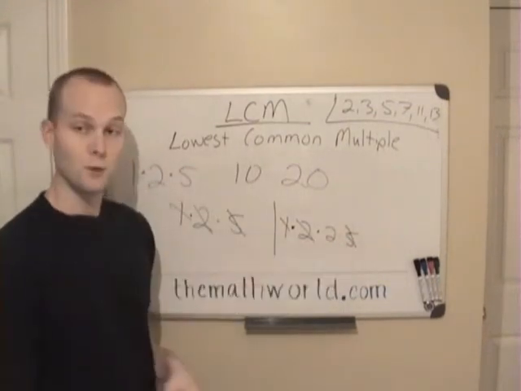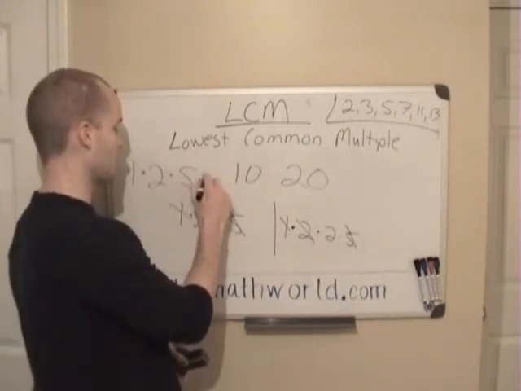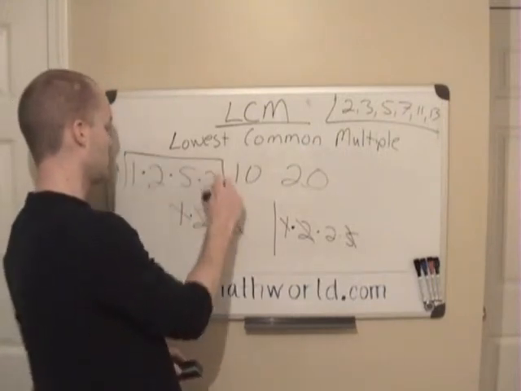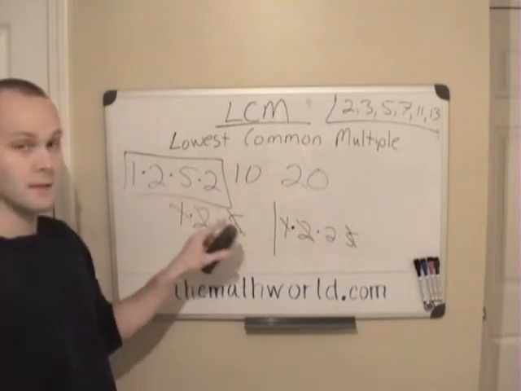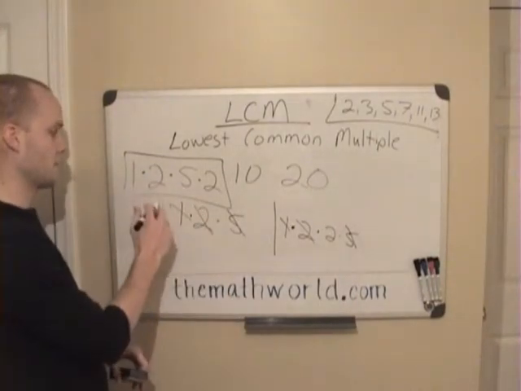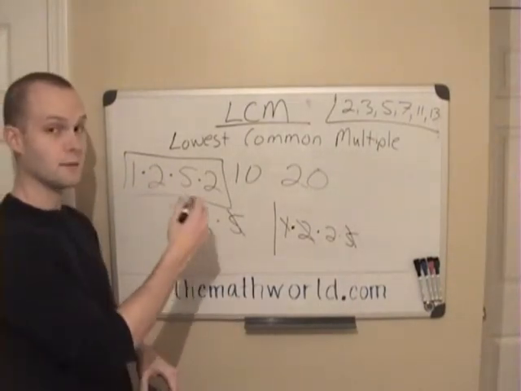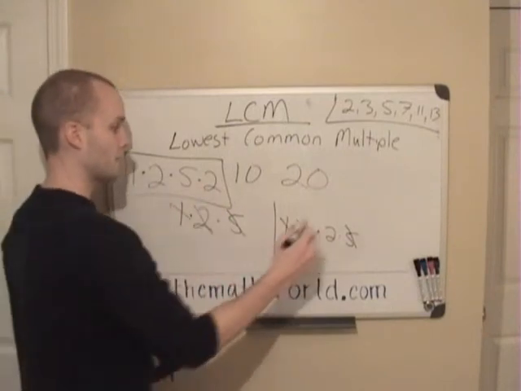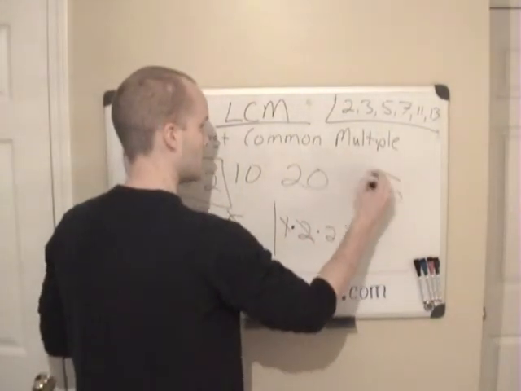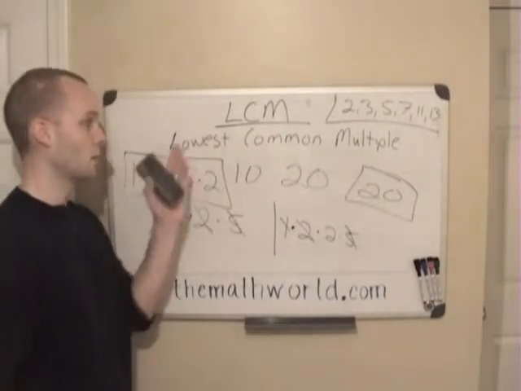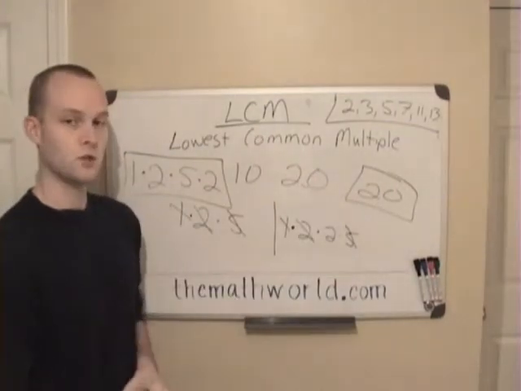And then we still have a 2 left, so I'm going to go ahead and write that as well. So 1 times 2 times 5 times 2, and in this case 1 times 2 is 2, times 5 is 10, times 2 is 20. So in this case our lowest common multiple is 20.